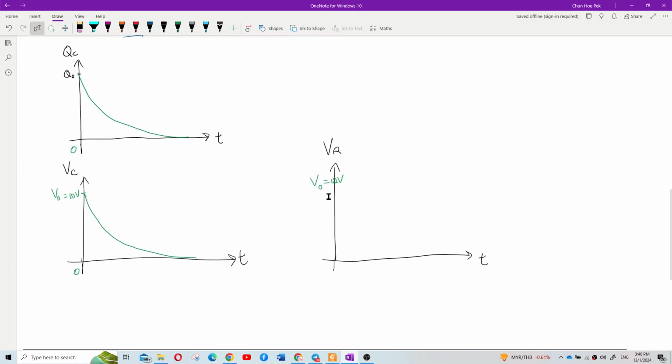So it starts from 10 volts, also decreases, and becomes 0. Understand?